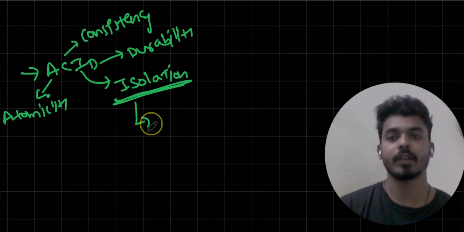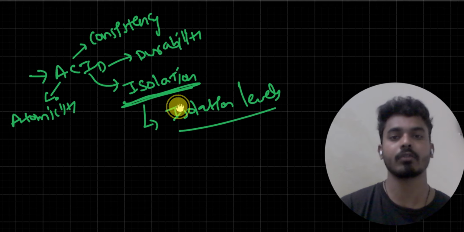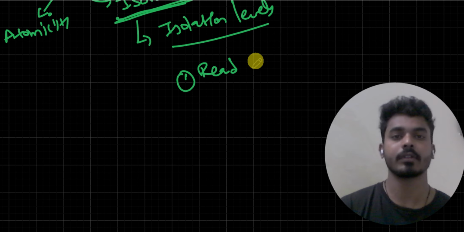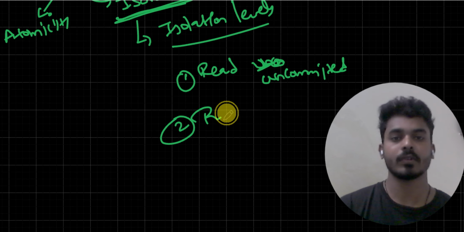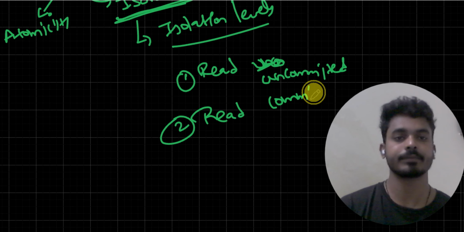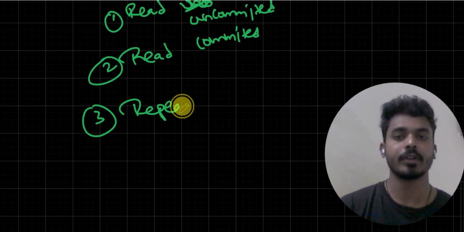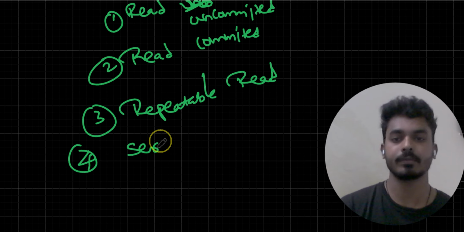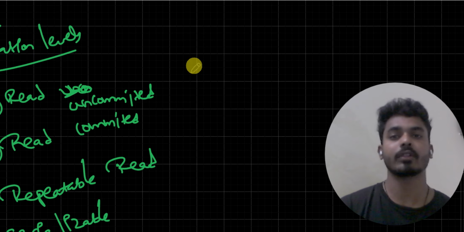In that part, I will explain the isolation levels, which are mainly four: read uncommitted, read committed, repeatable read, and serializable.